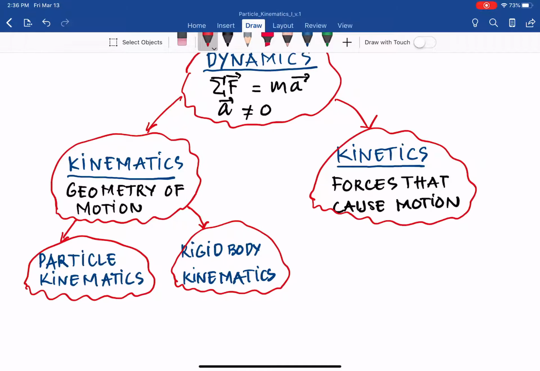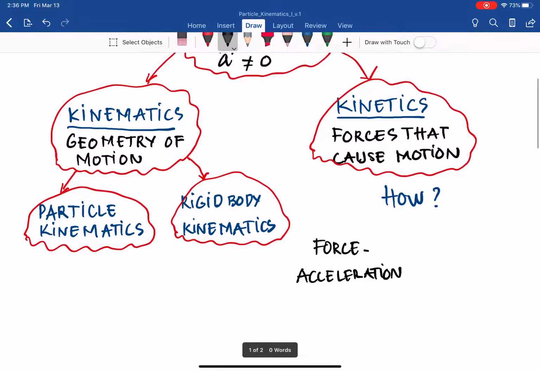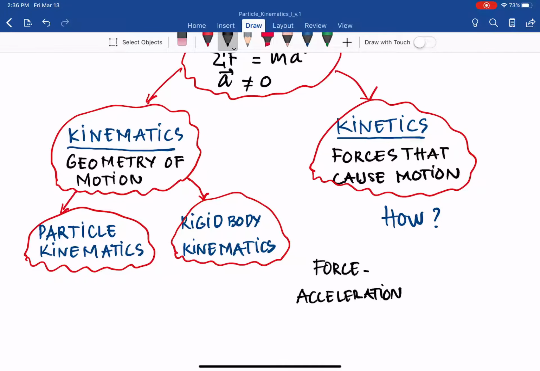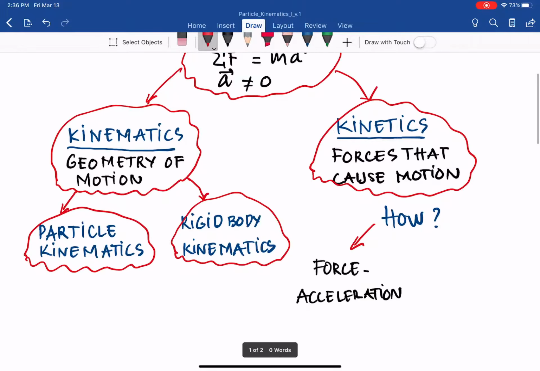How do we conduct that study? We have three methods that will be introduced in this class. The first one is force and acceleration. We want to know the relationship between force and acceleration, and basically we study the direct application of Newton's second law, which is F equals ma.